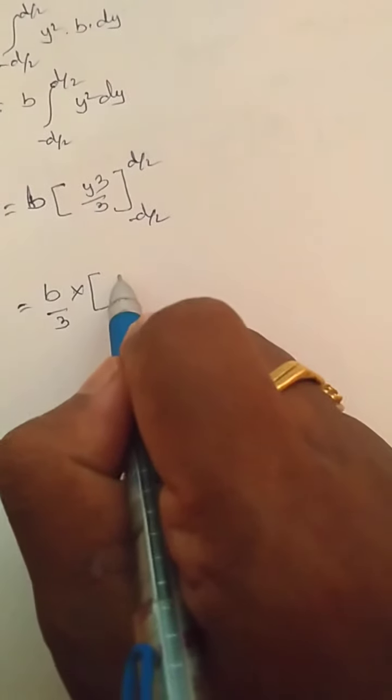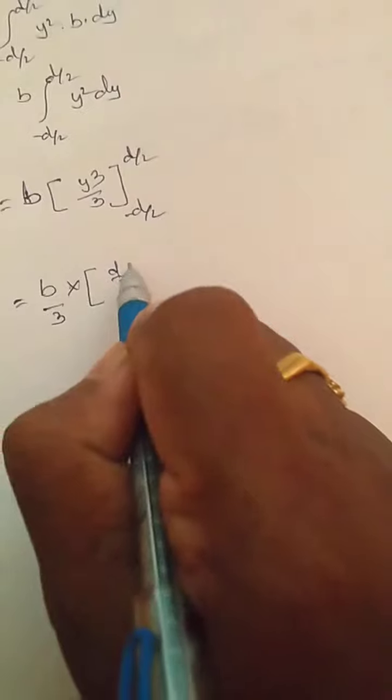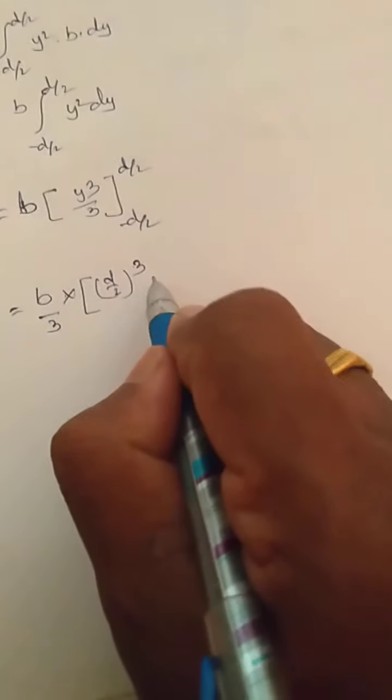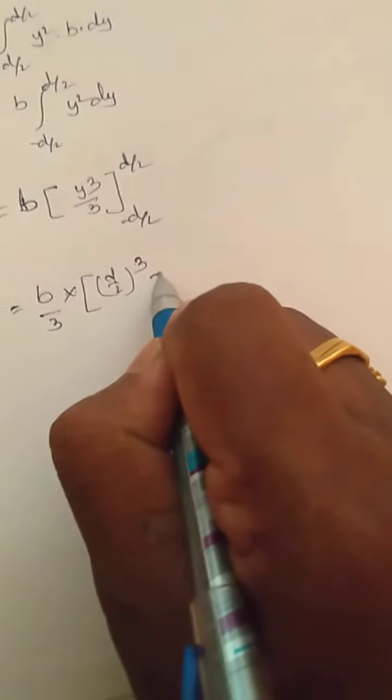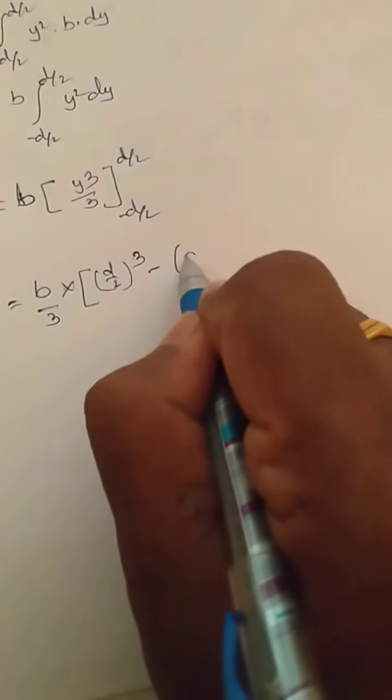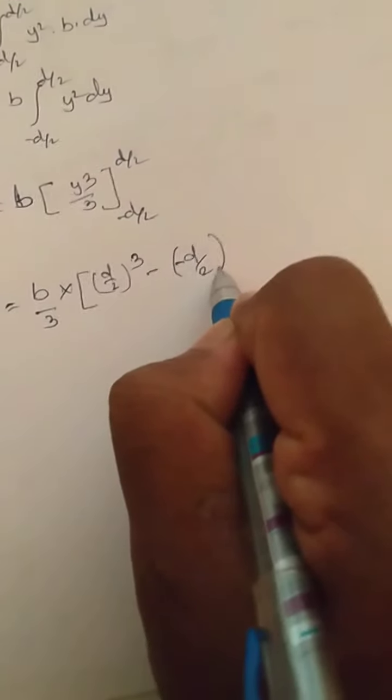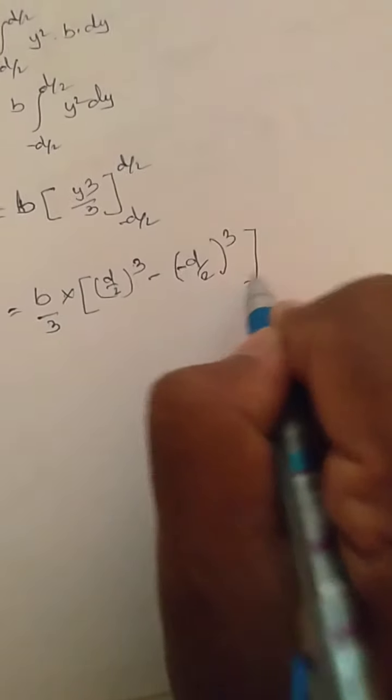So d by 2 whole cube, minus the lower limit, minus d by 2 whole cube.